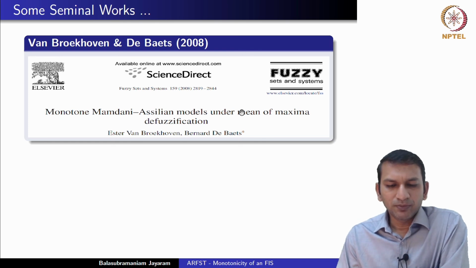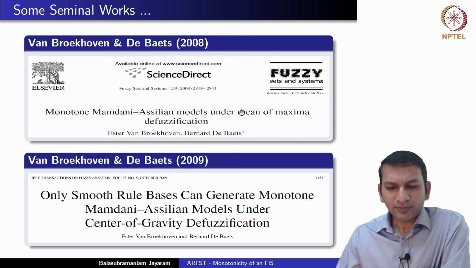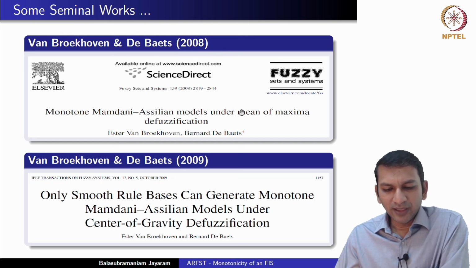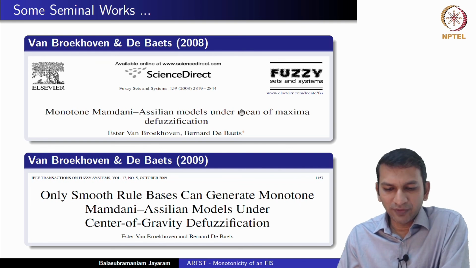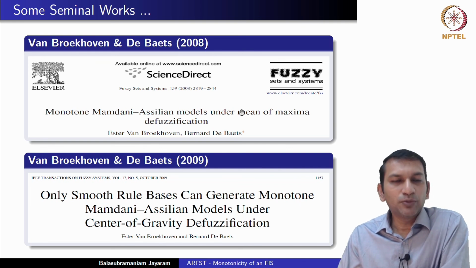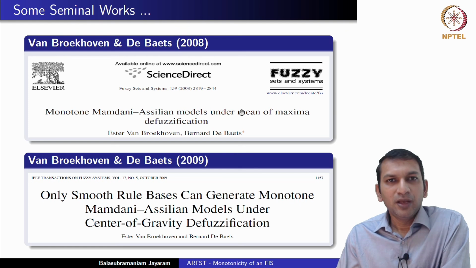This was the first main paper to appear in a mainstream journal which discussed the monotonicity of Mamdani systems. This was a paper from University of Ghent researchers Van Broekhoven and De Baets. They also followed it up with another paper which clearly said under what conditions we could use the center of gravity defuzzification to generate monotone Mamdani models.